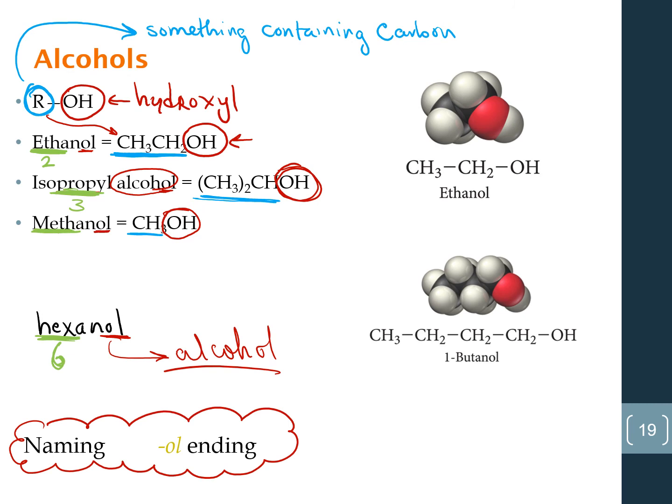So if I give you a list of names and I ask you which one is an alcohol, you should be able to identify it because of the ending of the name. If I give you a list of compounds and I ask you which one is the alcohol containing 4 carbons, you should be able to find that because the name is telling you how many carbons in the beginning of the name, and the ending of the name is telling you if you have an alcohol or not.